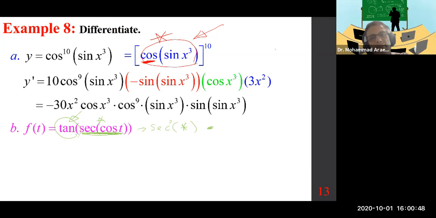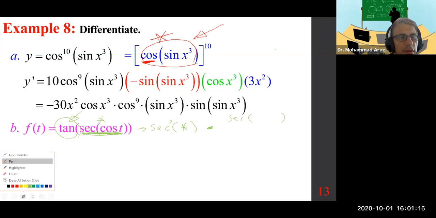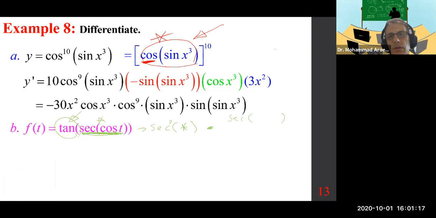So that's the first thing. Now, what is the asterisk? The asterisk is secant of cosine t, okay? Secant of cosine t, and the way you read it is the same thing. So let me write this at top here. Secant of cosine t.